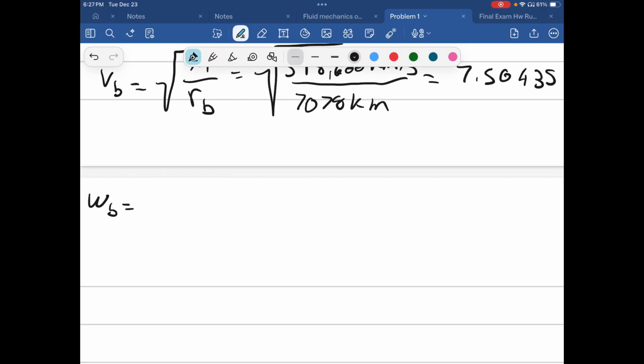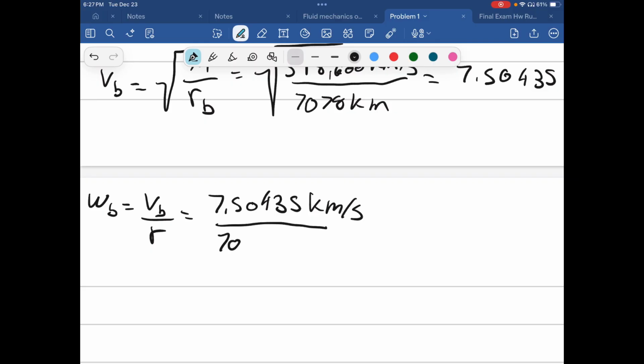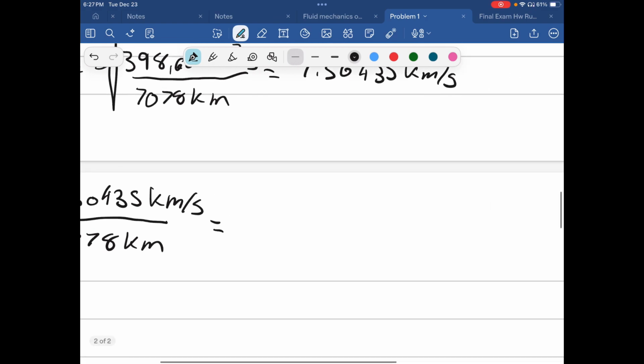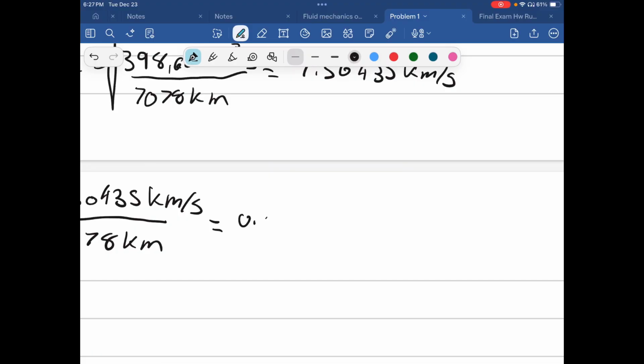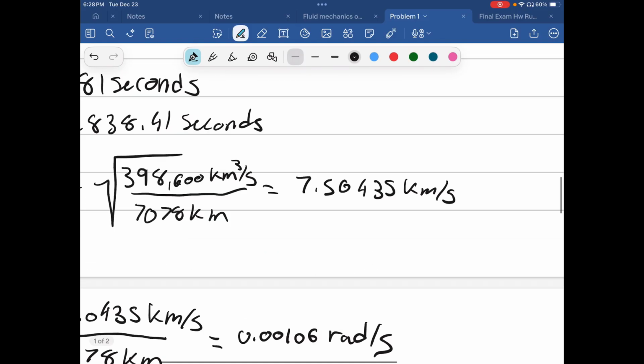So omega B equals VB over R, equals 7.50435 kilometers per second over our radius, RB, 7,078 kilometers, which gives us an angular velocity of 0.00106 radians per second.